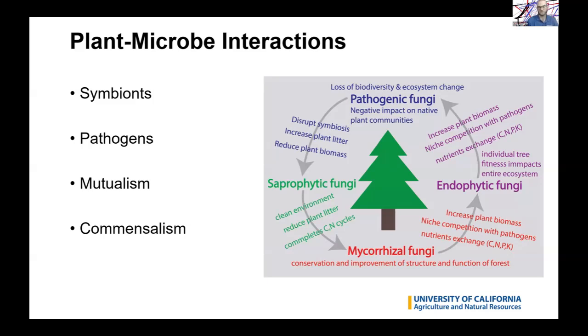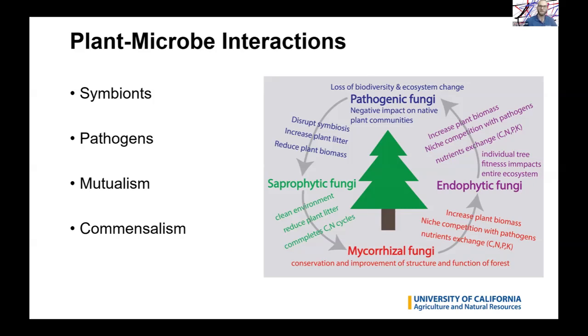Without microbes, trees wouldn't be able to function normally or survive at all. They have those mycorrhizal fungi which help them in the soil to get water and nutrients. But they also have endophytic fungi living within the tree itself, which help it carry out a lot of the natural processes that the tree goes through.